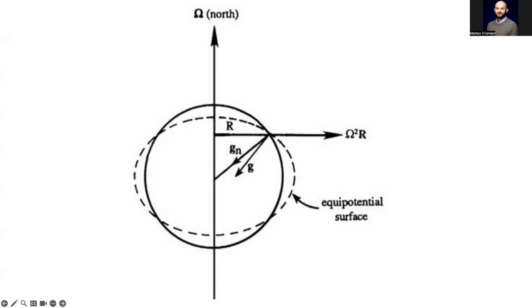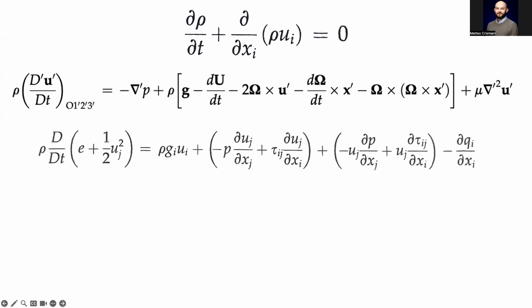Because here is my coordinate system. Let's say that's, how did I do this? X, Y, Z, like that. And I need to think about them with respect to the north. So in this system here, I'm thinking about the rotation of the Earth crossed with the 3-dimensional velocity vector.